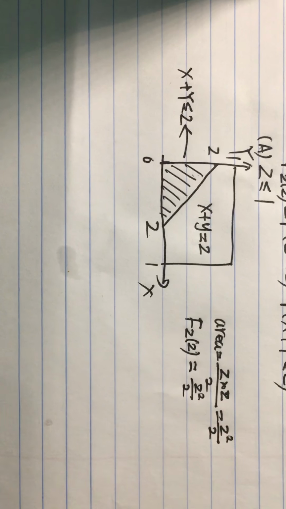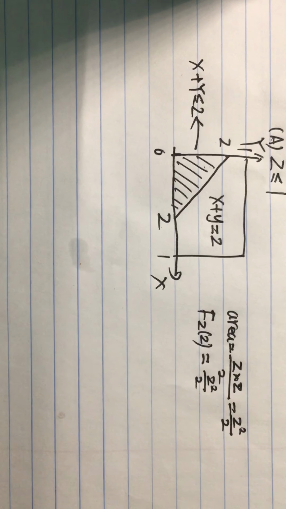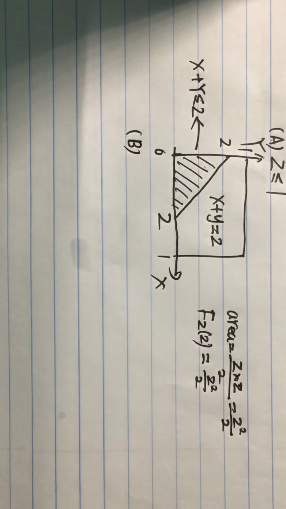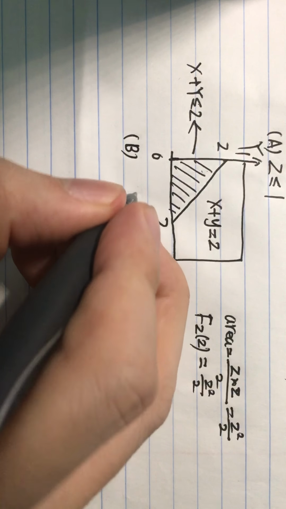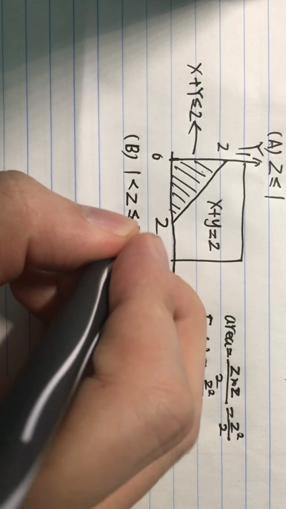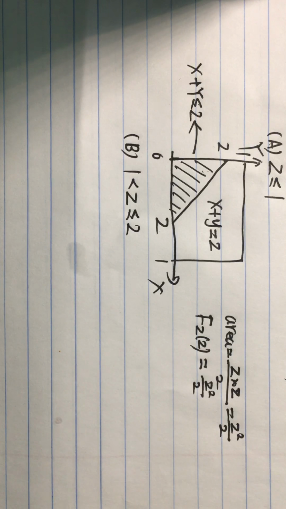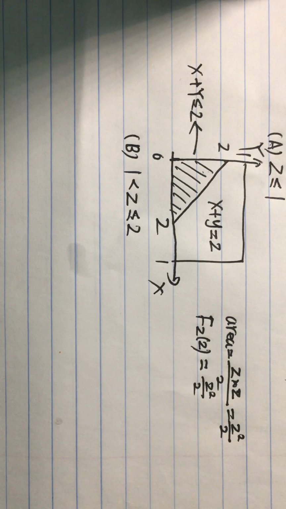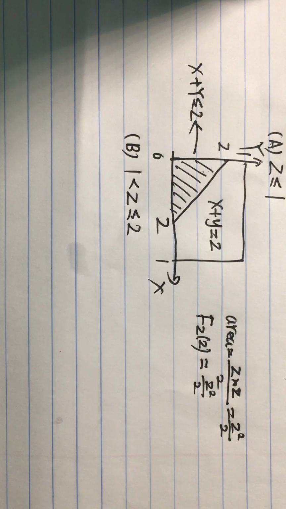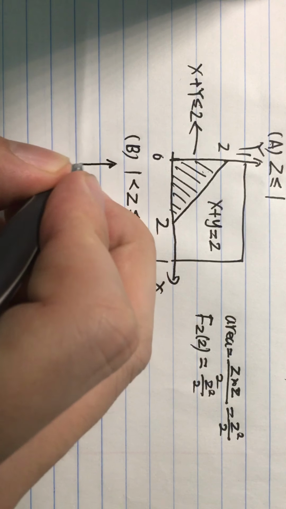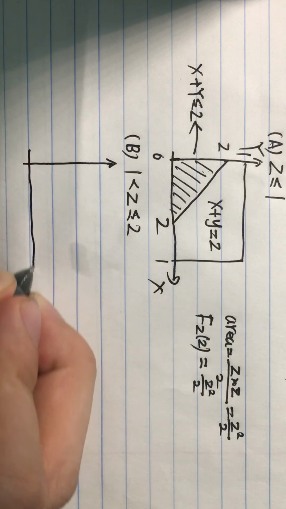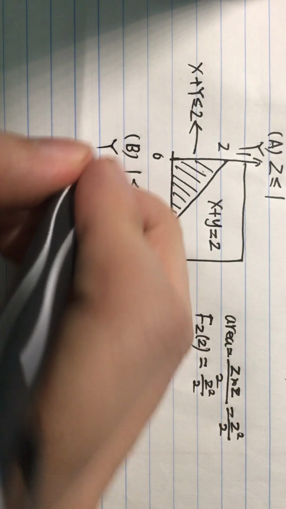And second, let's see the region z larger than 1 and smaller than or equal to 2. In this region we have the figure like this.